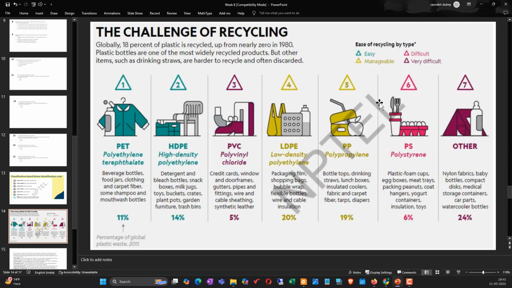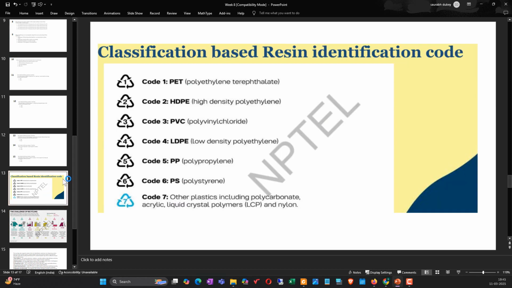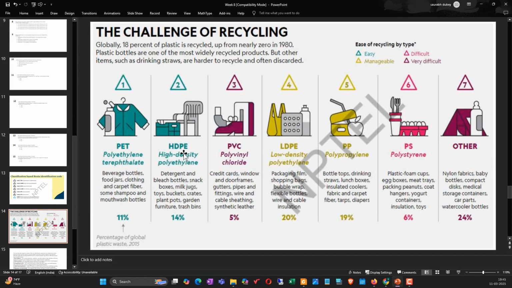It is in the 6th week of the lecture where this map is there. Here also the same PET, HDPE, PVC, LDPE, PP, and polystyrene is there. So if you see, he was thinking PVC is difficult to recycle, right?